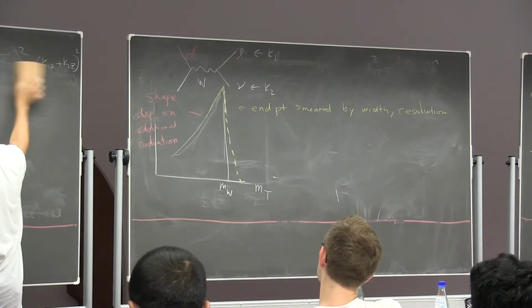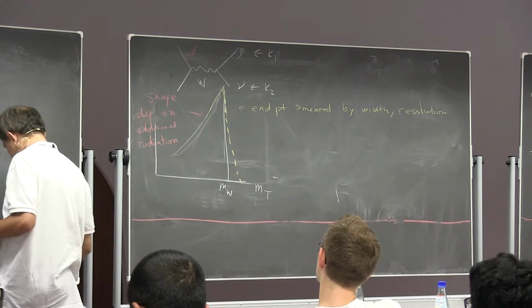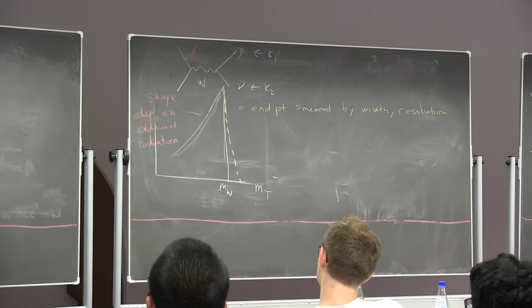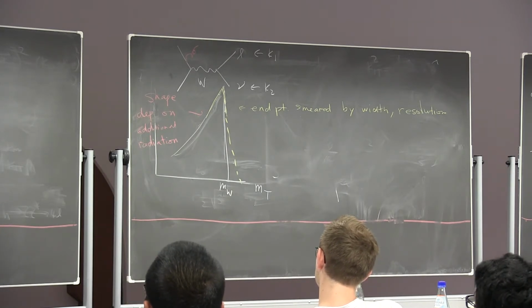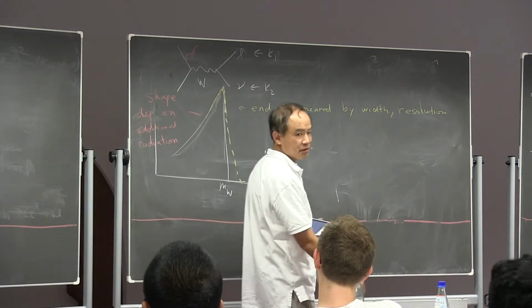Those kinds of scenarios are more relevant for things where you have multiple missing particles in the event, and you cannot really reconstruct any of the mass peaks very well. A typical example of that is supersymmetry.